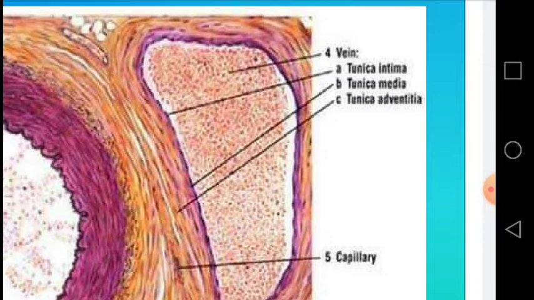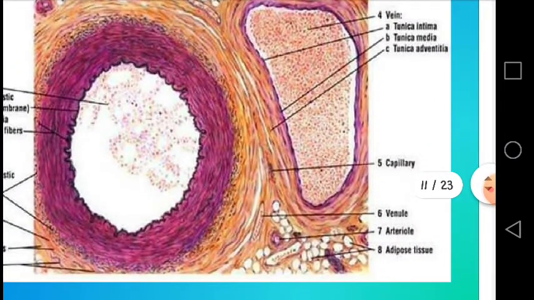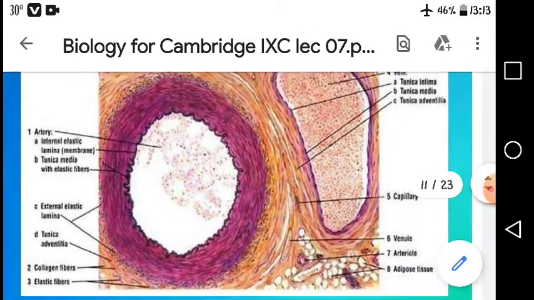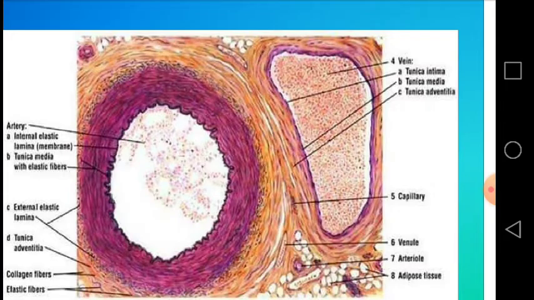But this diagram is clearly showing to you that the smooth muscles are very less in the vein as compared to the artery. This is the description about the artery and vein under the microscope.